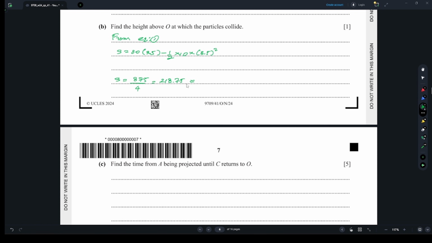For 3 significant figures, we can write 218, so 219 meters. This is for 3 significant figures.